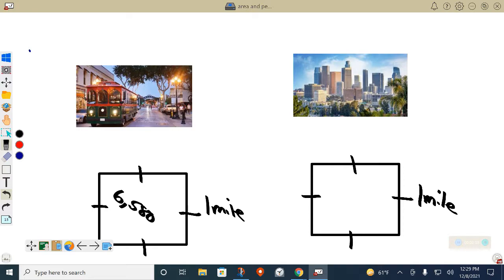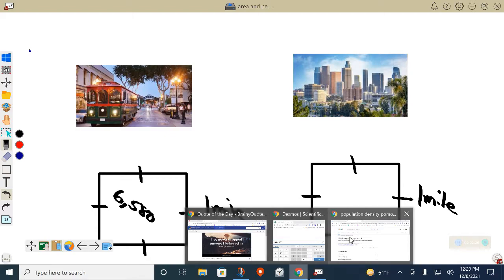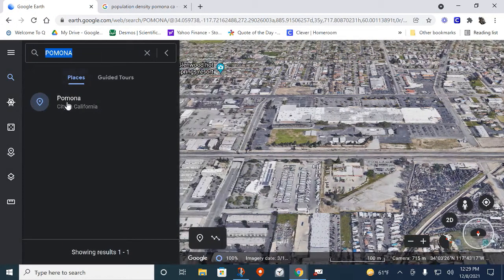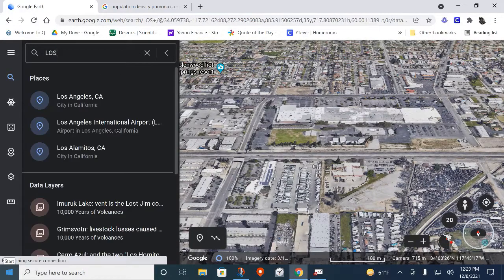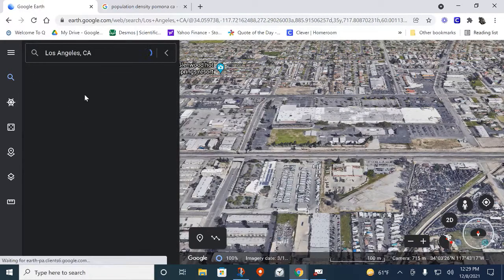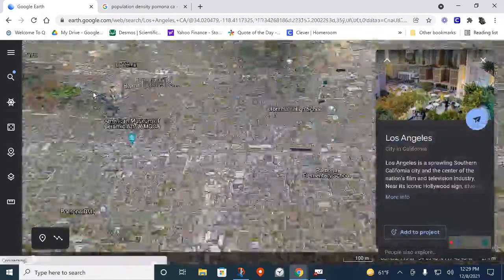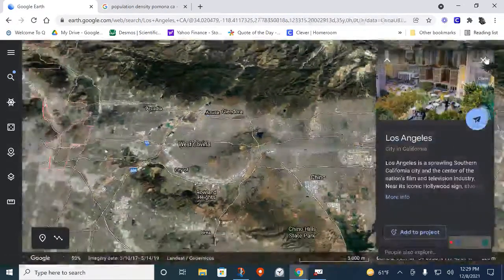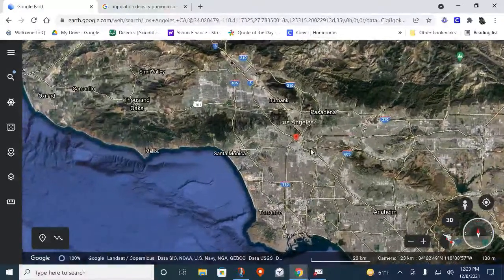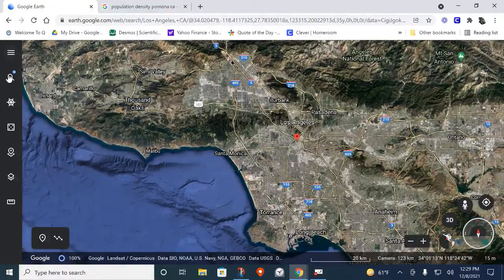Let's travel to LA, downtown. Let's see what's the population density of LA, California? Los Angeles. So we're going to zoom out. Let's go to LA.